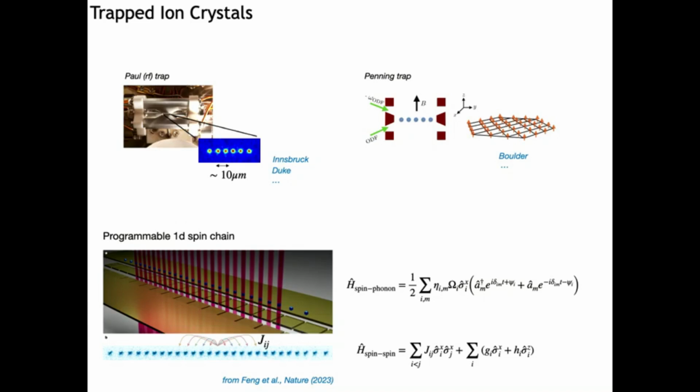In the development of these devices, what people try to do is to realize interesting quantum simulations and compare them with classical simulations. And so far, I think it's fair to say that present-day platforms are at the boundary of classical computation.